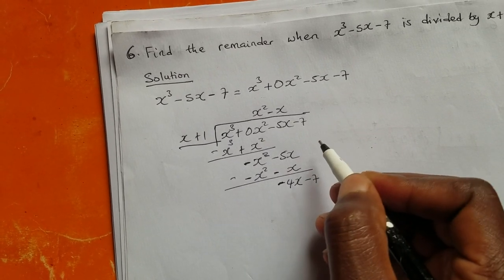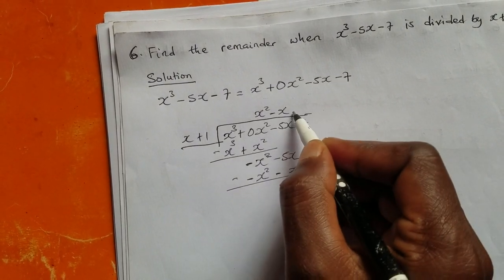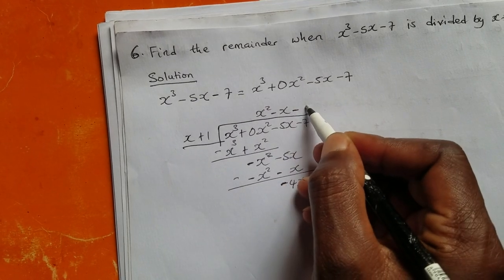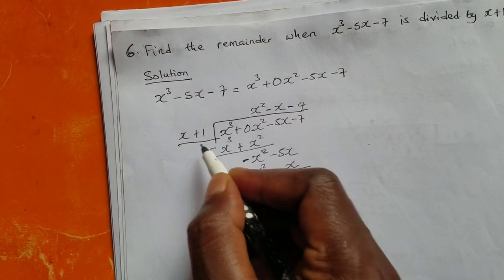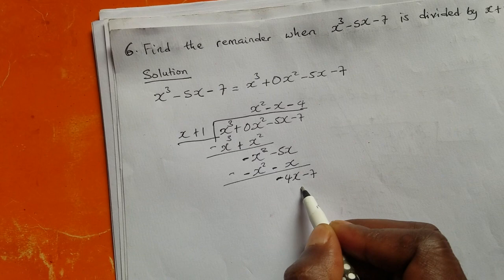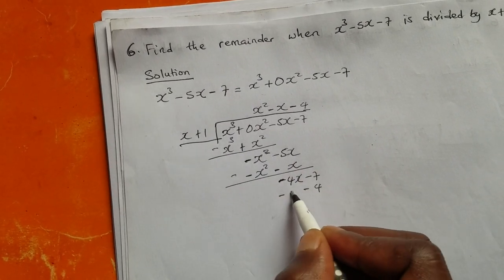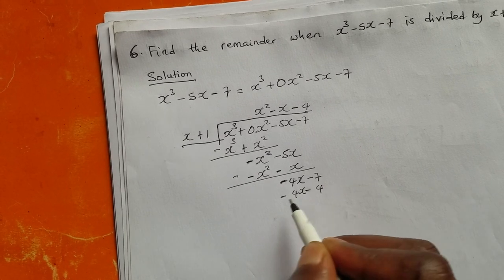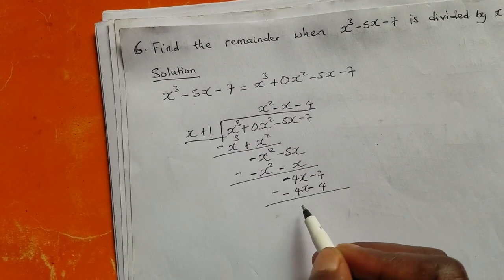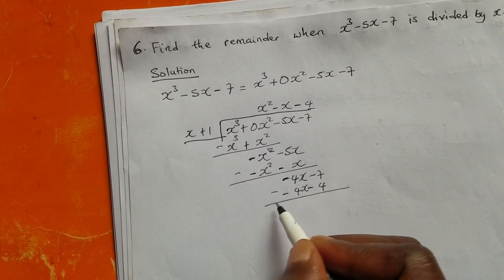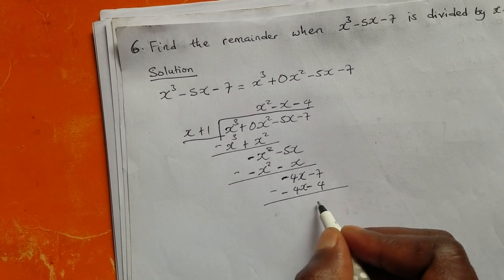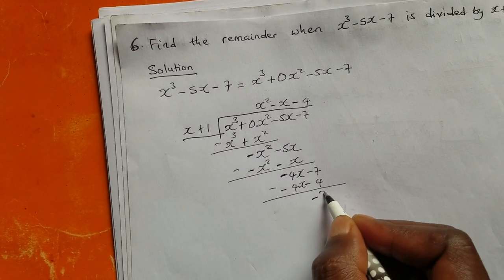So here the next number will be minus 4. Minus 4 multiplied by 1 is minus 4, and minus 4 multiplied by x is minus 4x. You subtract, you're going to have what? Minus 7 minus minus 4, you're going to have minus 3.